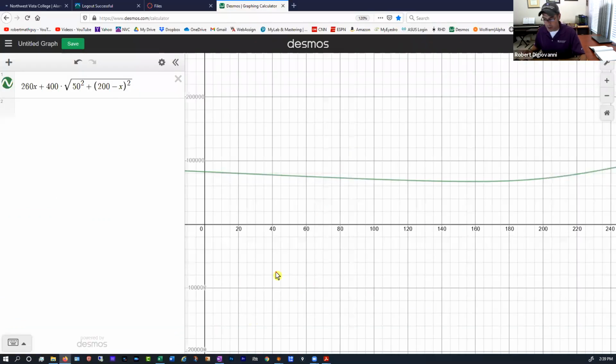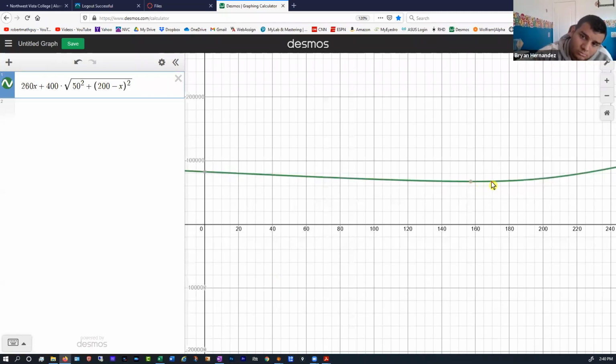I'm looking for where the lowest point is on that graph. And this system is very smart. I can probably hover over it and find it. I think that's it right there. Yeah, that's the lowest point right there.